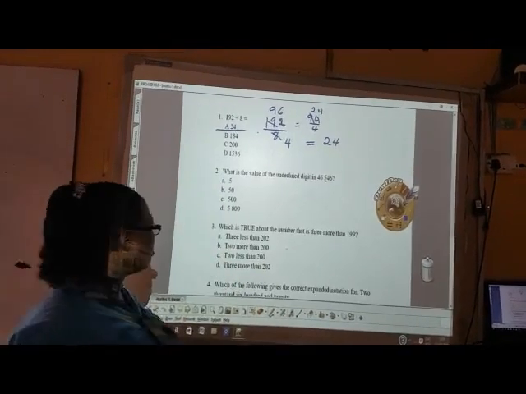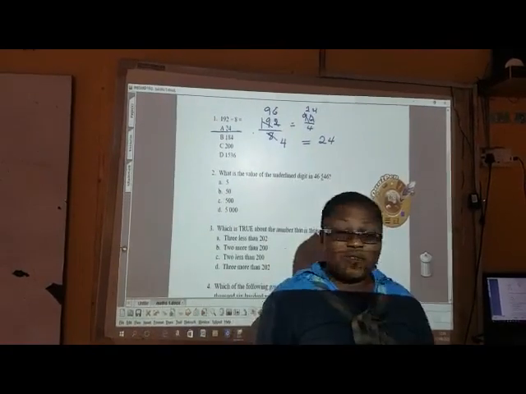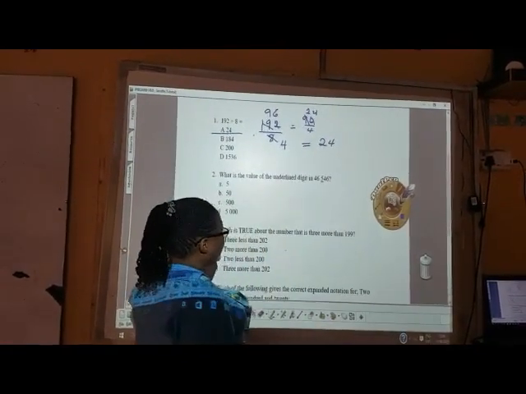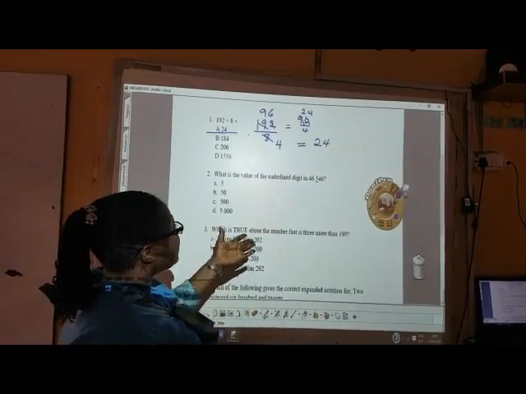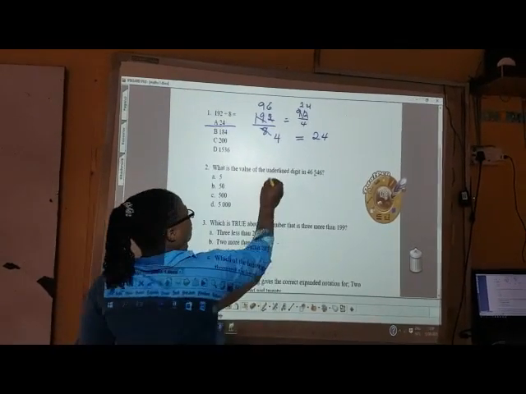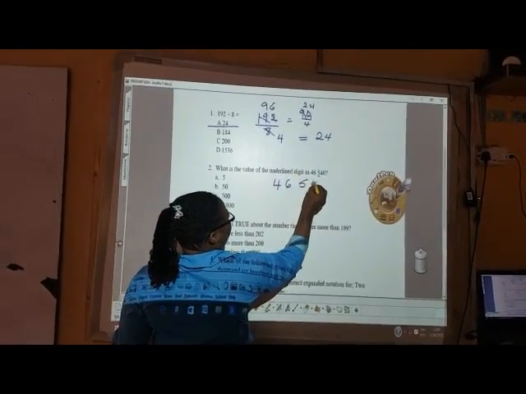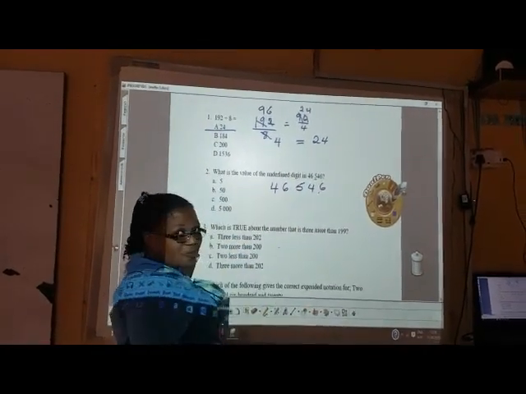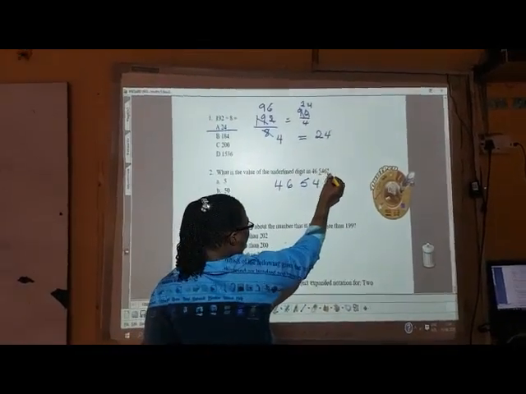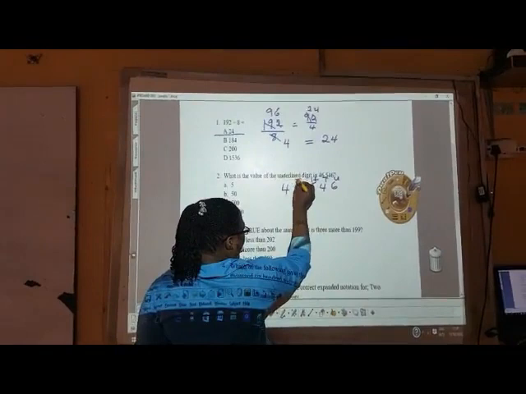Then question 2. What is the value of the underlined digit in 46,546? Very simple. Let's start from the right: units, tens, hundred, thousand.